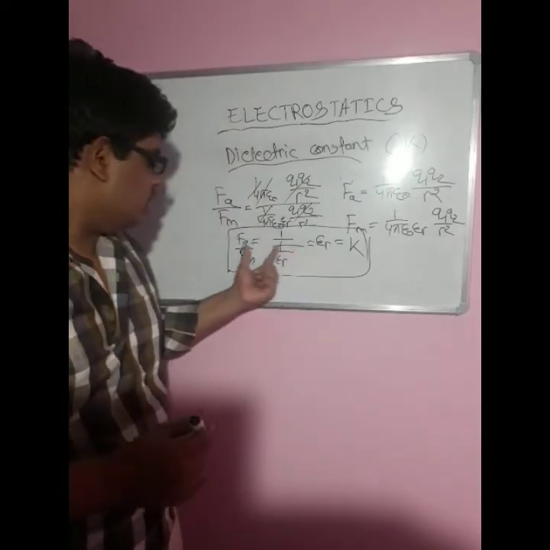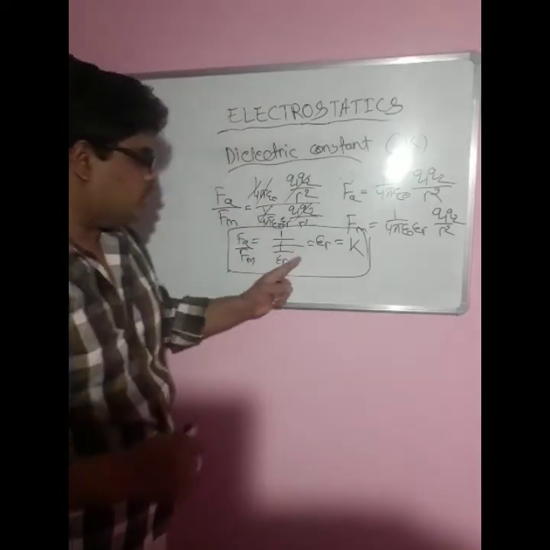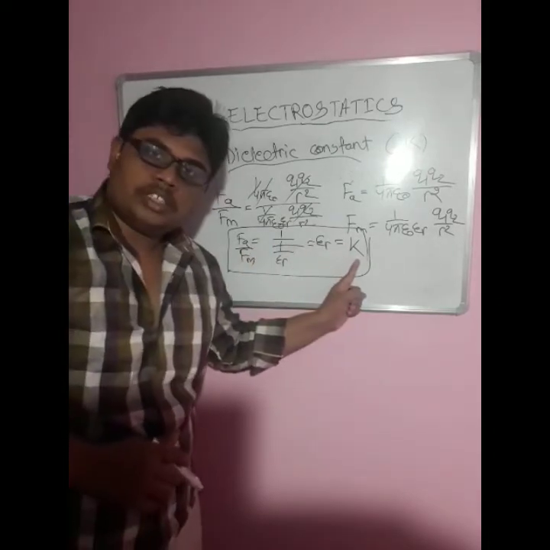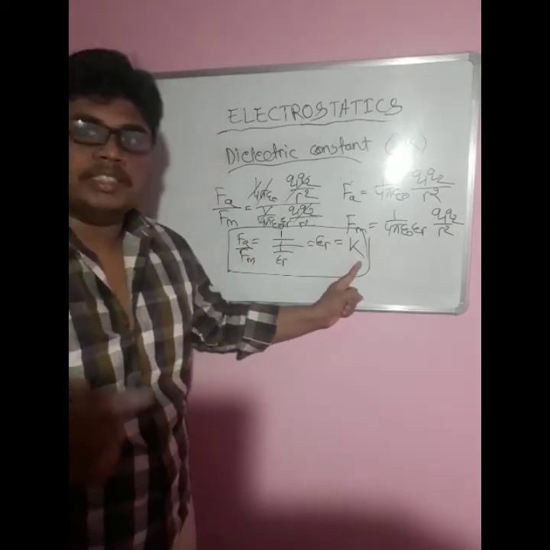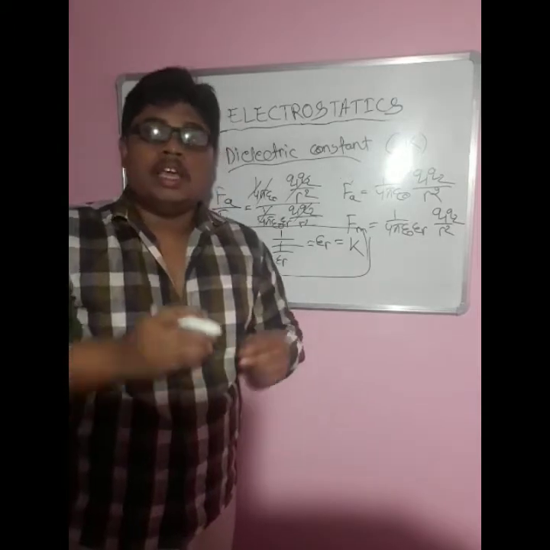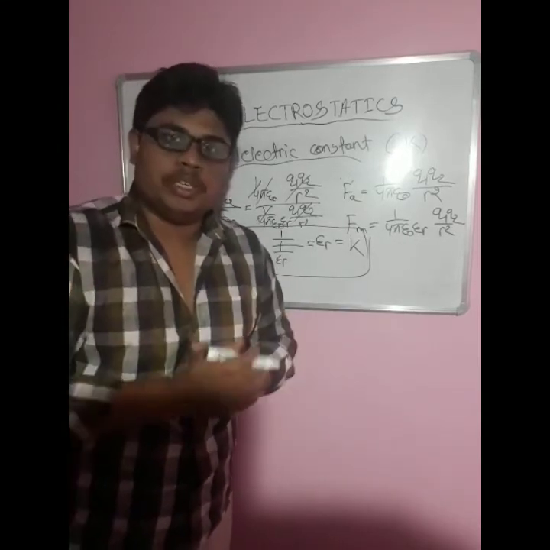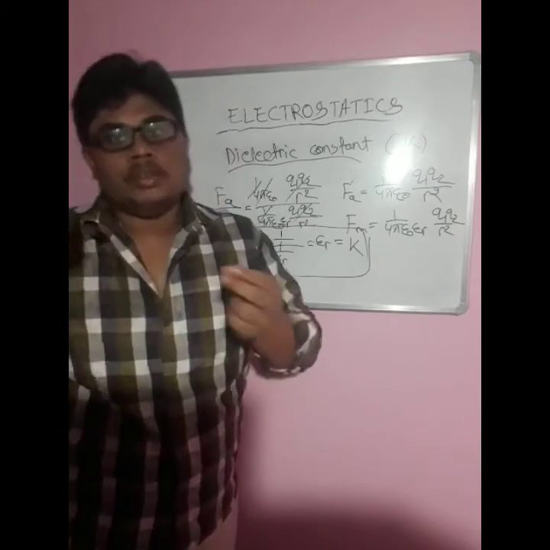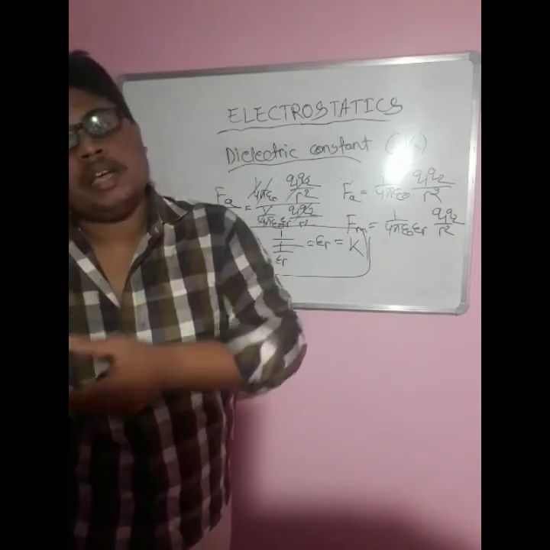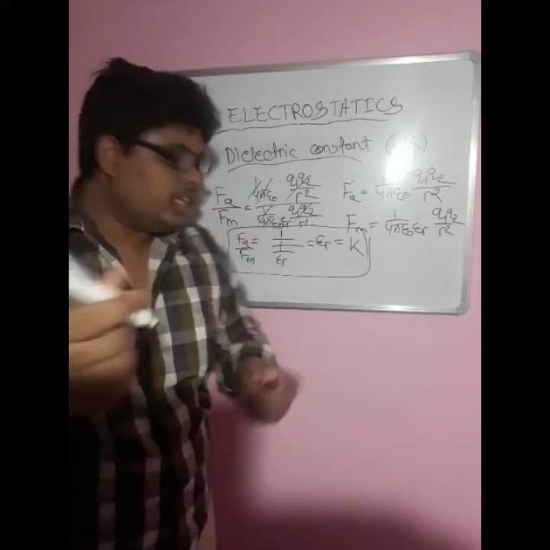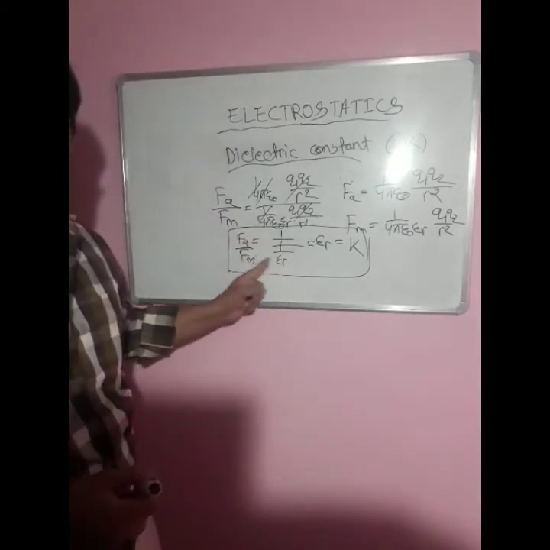Again I say this definition. Dielectric constant of a medium is defined as the ratio of force experienced by two charges having some distance in free space or in air to the force experienced by the same two charges having the same distance in a medium. Clear?